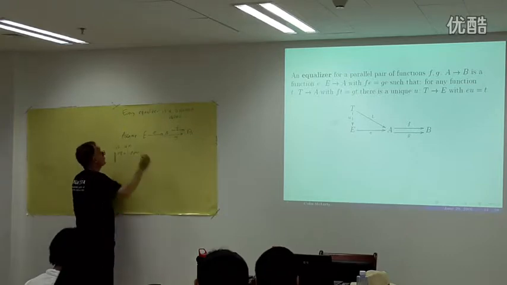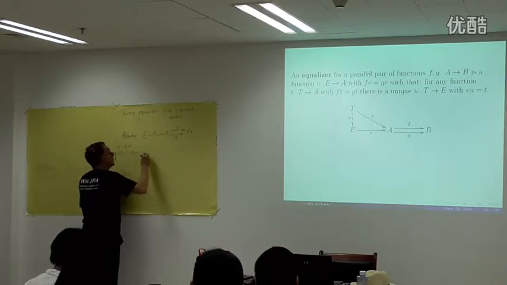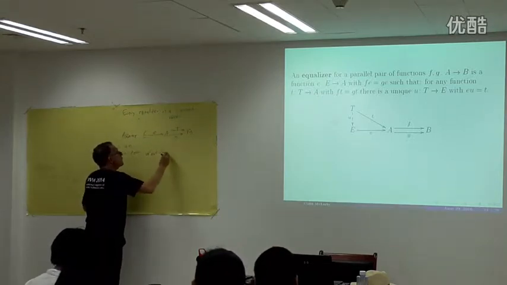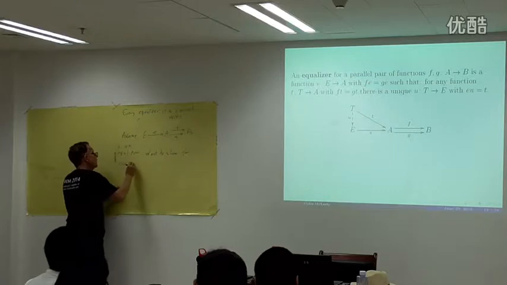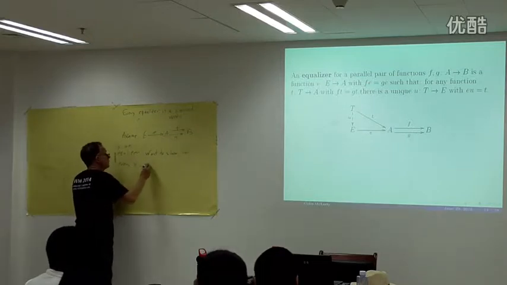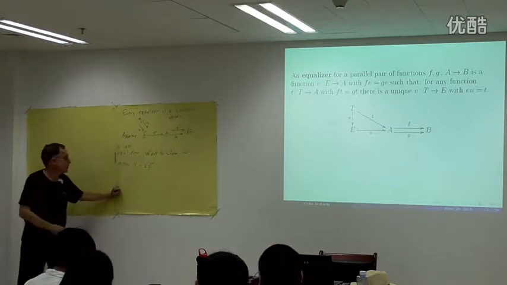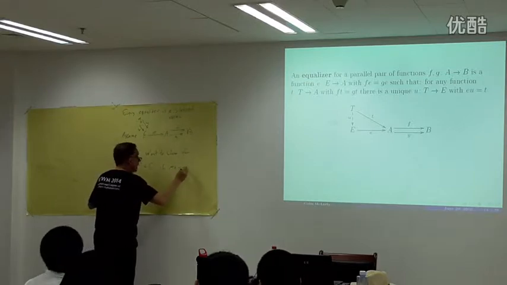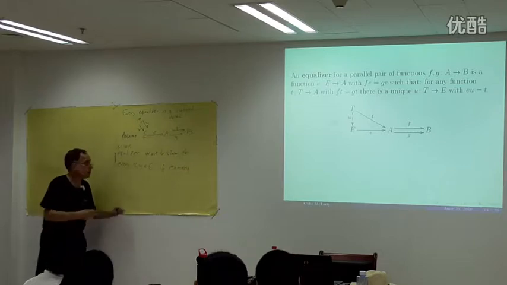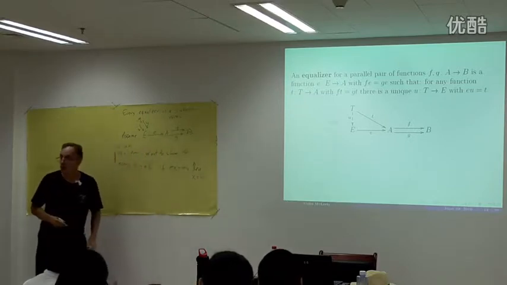So what I need to know is, so I want to show for every x and y elements of E, that is, whenever I have x and y that are elements of E, if EX equals EY, if they have the same composite, then X equals Y. Then they were equal to begin with.